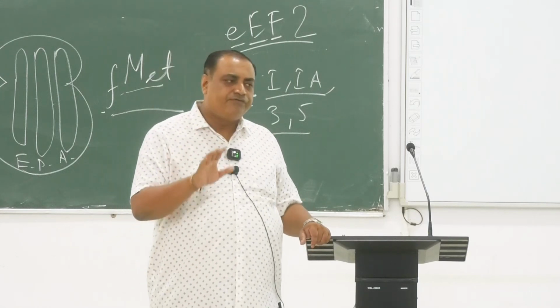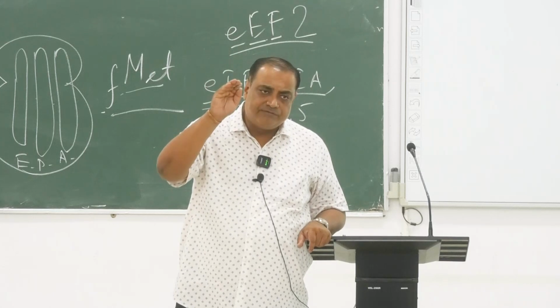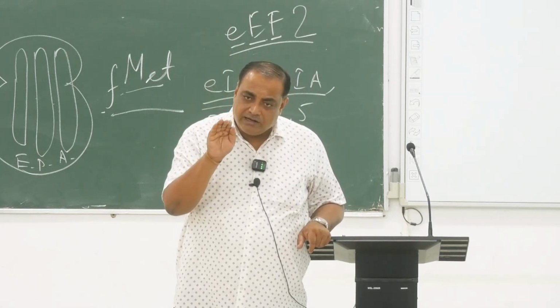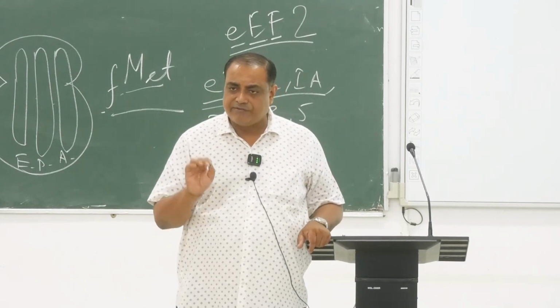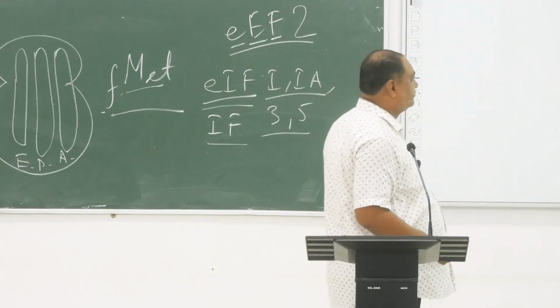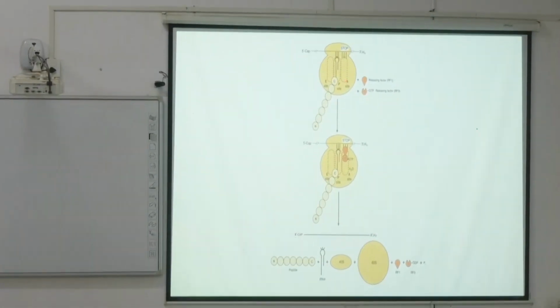So, instead of amino acid tRNA, whenever the stop codon will arrive at the mRNA, a releasing factor or RF will appear in A site.